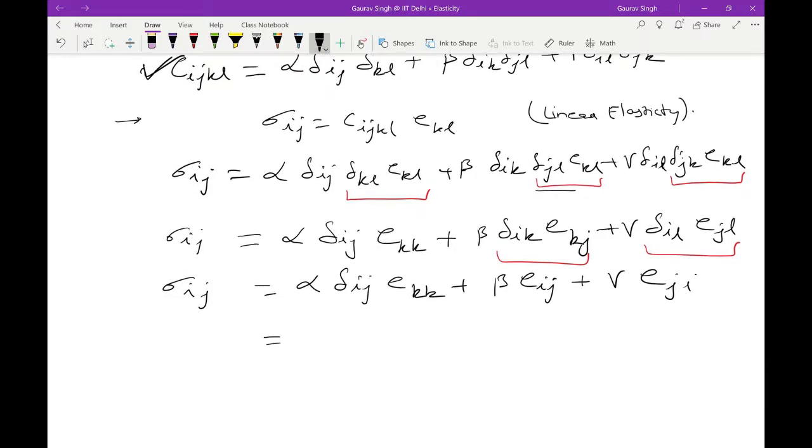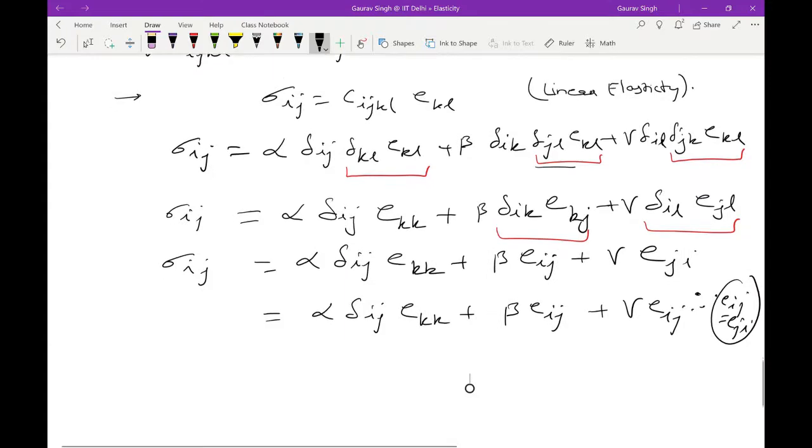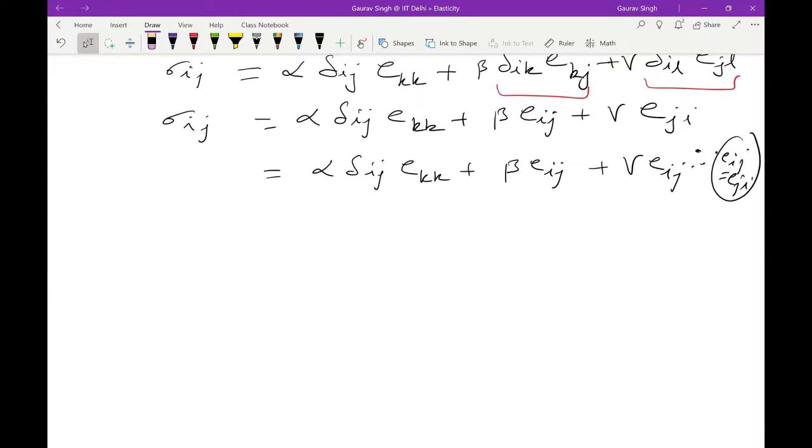This can be written as alpha delta ij ekk plus beta eij plus gamma eij, because eij is the same as eji. Strain is symmetric. This implies that this is alpha delta ij ekk plus beta plus gamma into eij.